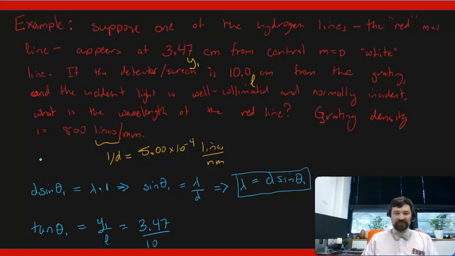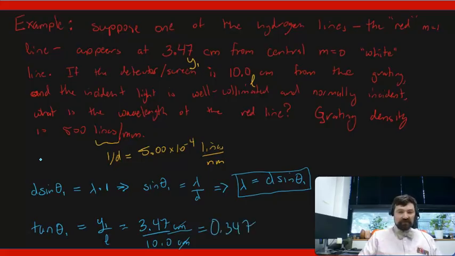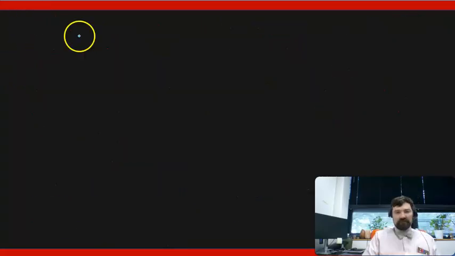So that is 3.47 divided by 10.0. Both are in centimeters, so the centimeters part cancels out. Basically we're taking the inverse tangent of 0.347. So theta 1 is inverse tangent 0.347.